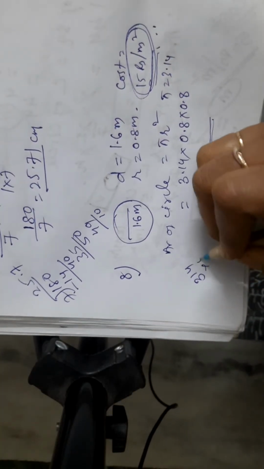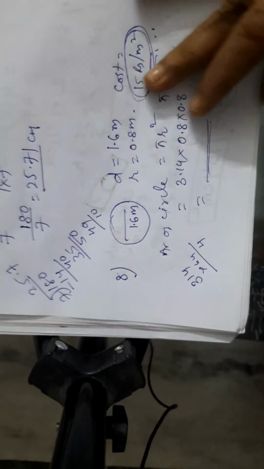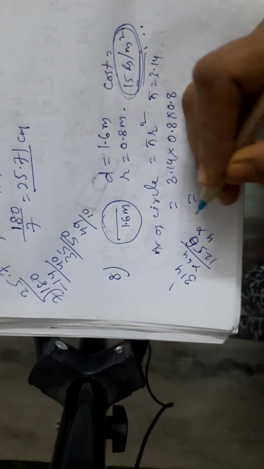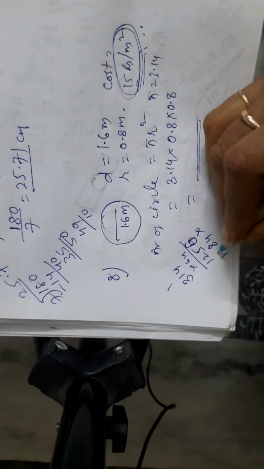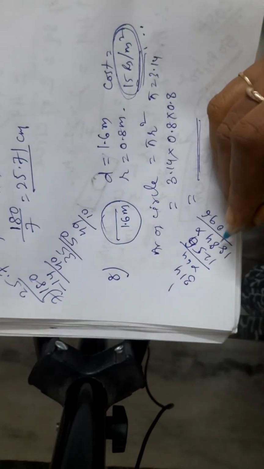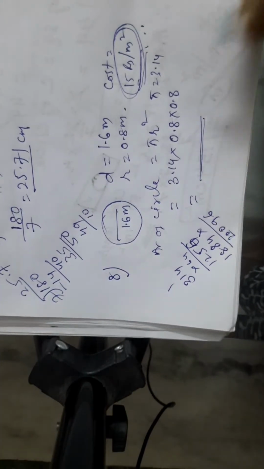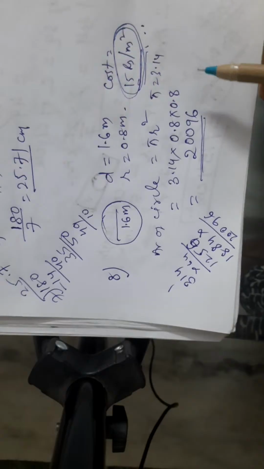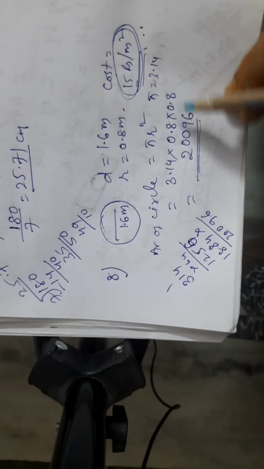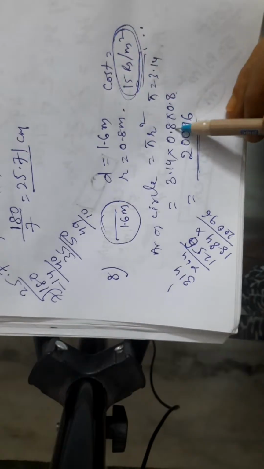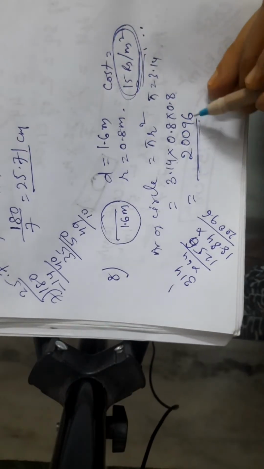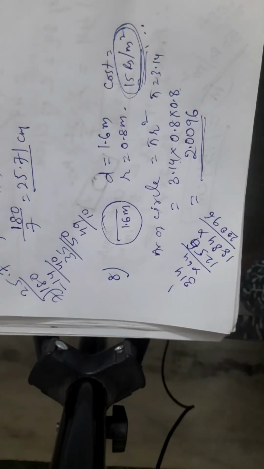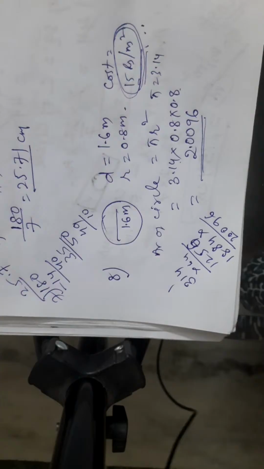So 314 multiplied by 64 is 20096. Calculate all the decimals and place the decimal point. Here after the decimal, one digit is there, so 1 plus 1 is 2, 2 plus 2 is 4. Altogether 4 digits are there. So we got the answer as 2.0096.